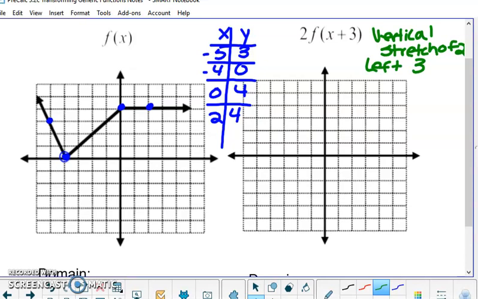So I'm going to transform my graph here. I will take my y's and I will multiply it by 2. So this is 6, 0, 8, 8. And here I will subtract. That's supposed to be subtract 3.